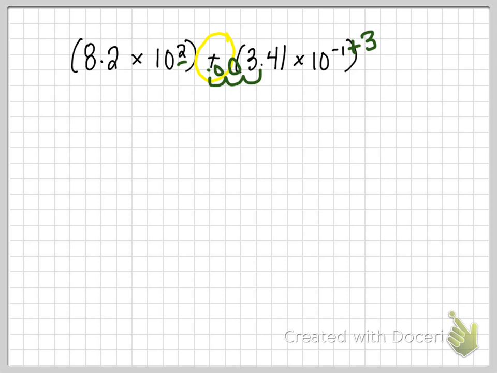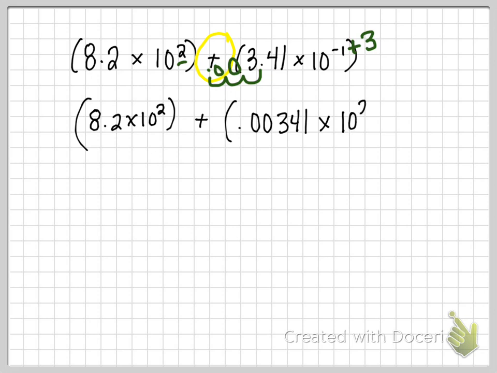So we end up with 8.2 times 10 squared. That one's staying the same. Plus, we moved our decimal 3 to the left: 1, 2, 3. So 0.00341 times 10 squared.